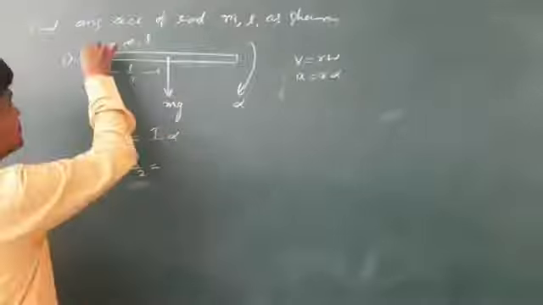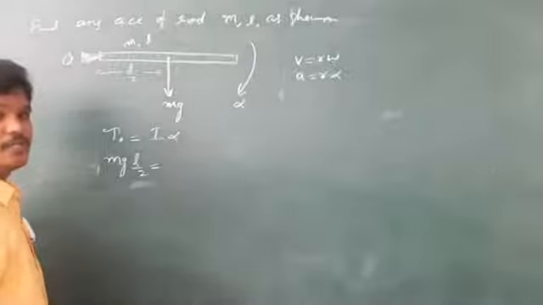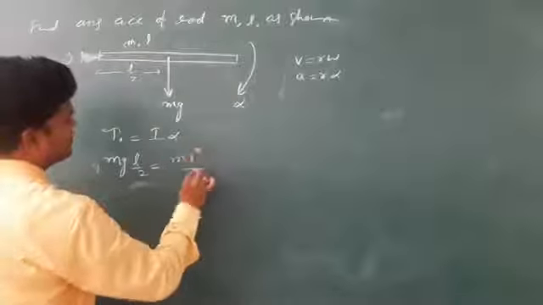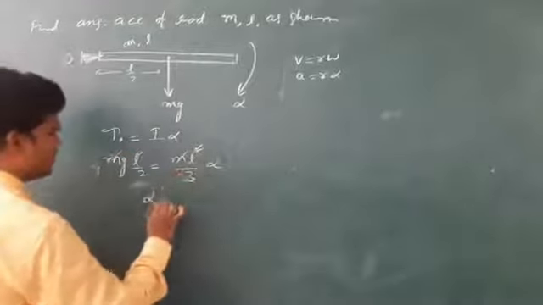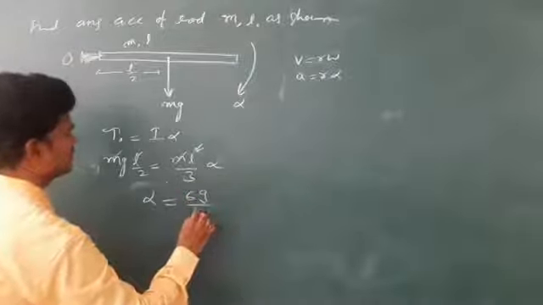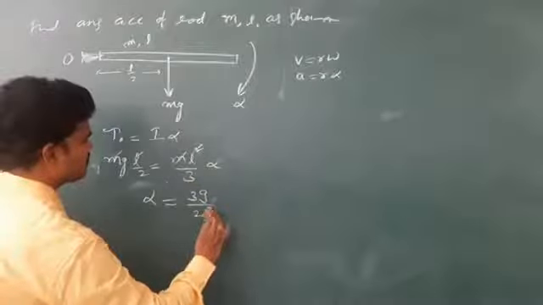Moment of inertia about this point, the moment of inertia at one end of the rod, is ml square by 3. So m and one l get cancelled. Alpha is equal to 3g by 2l.